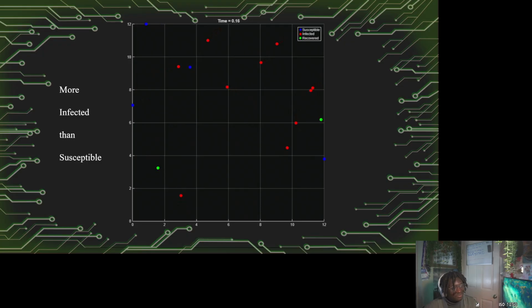You'll see in this next scenario that if the infected don't reach the susceptible in time, they'll just recover before then, right? So we have our 4 susceptible in blue running towards the corners, and then maybe one gets turned into an infected, right? That one, I think it's around here somewhere, gets turned into an infected, and then they chase the rest of the susceptible. But I think it's just really cool to see the actual dynamics, right?